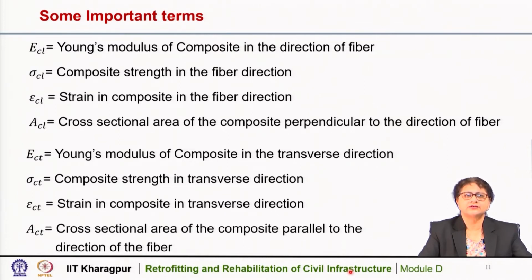Similarly, in the transverse direction, ECT is the Young's modulus of the composite in the transverse direction. Sigma CT is the composite strength in the transverse direction. Epsilon CT is the strain in the composite in the transverse direction, and ACT is the cross sectional area of the composite parallel to the direction of the fiber.